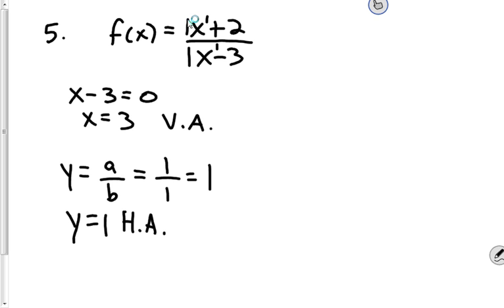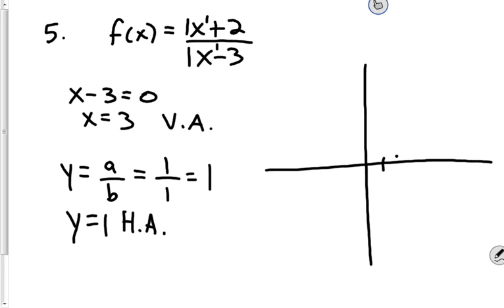Now we're ready to graph. Plot my vertical asymptote at x equals 3.